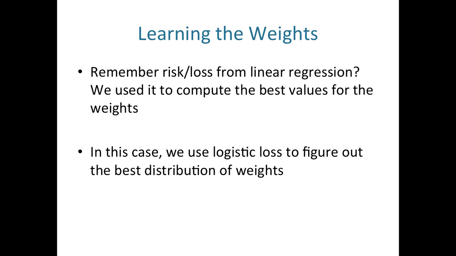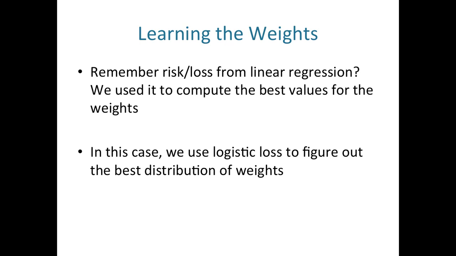So we learn the weights exactly the same way that we learned the weights for the linear regressions. Remember that we defined the value of risk or loss, exactly the difference between the actual output from the classifier and the label that we have in our training set. So we use exactly that same measure to model the weights.